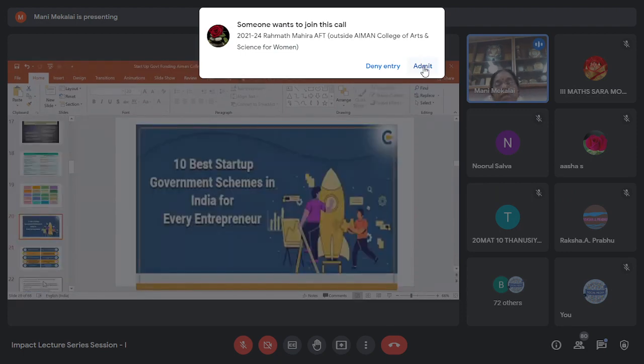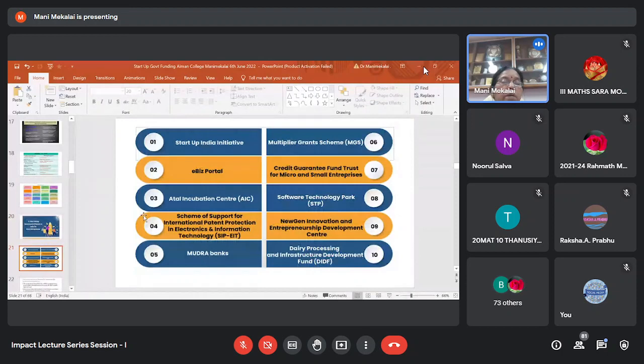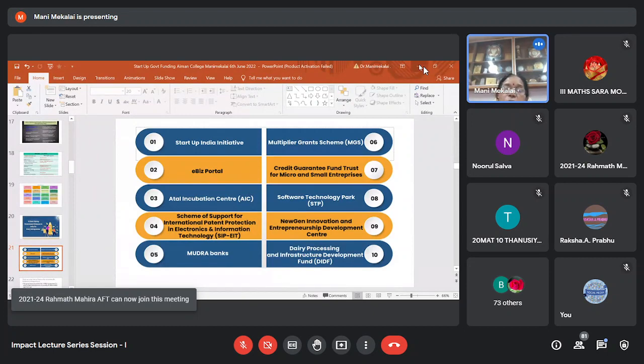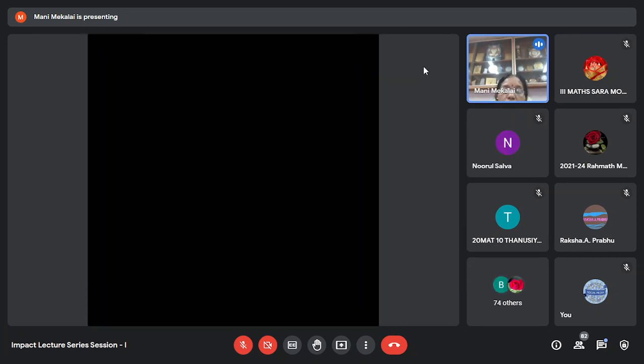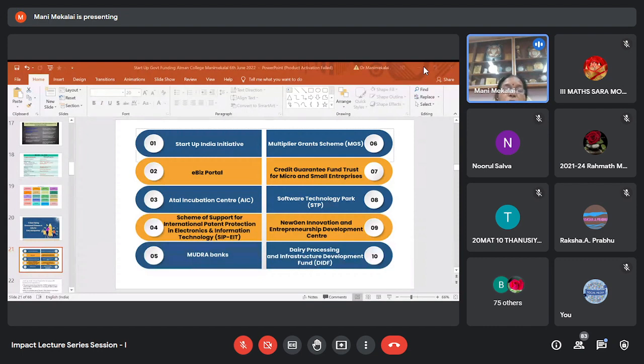So the next part is the best government schemes for Indian entrepreneurs, because this is a very important idea. Meanwhile, if there is any doubt, please ask me before moving to the government schemes as such.